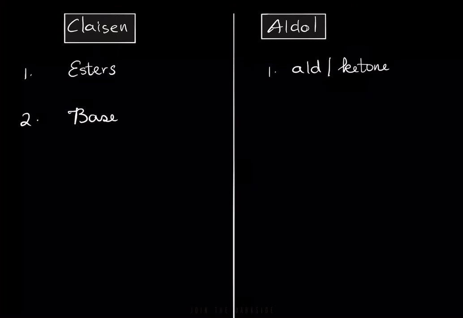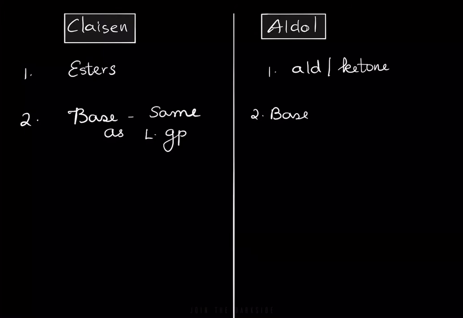If you don't use exactly the same base as the leaving group, there might be different products obtained. Here, the base doesn't matter because there is no leaving group, and as long as the base is able to grab the alpha hydrogen, it should be fine.